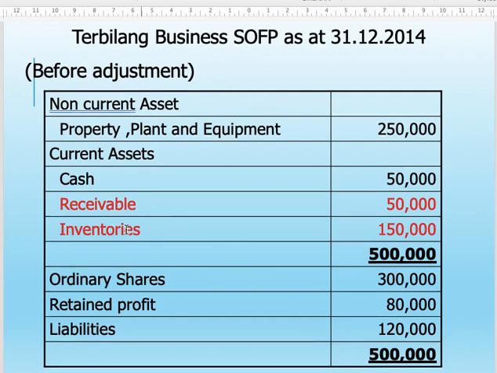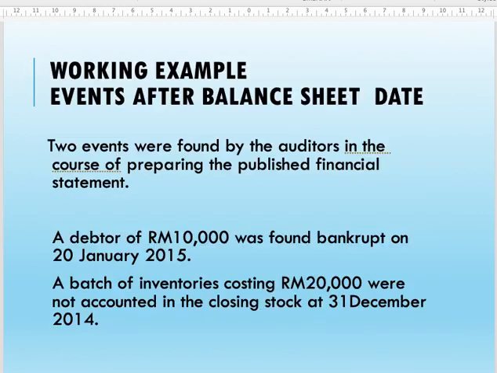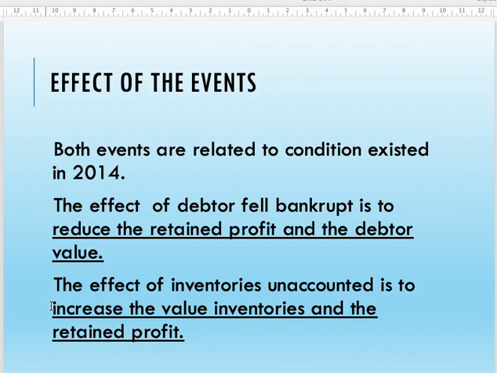So this is before adjustment. Your receivable is 50,000 and your inventory is 150,000 before adjustment. When you identify these events after the reporting period, you have to adjust. Both events are related to conditions that existed in 2014.